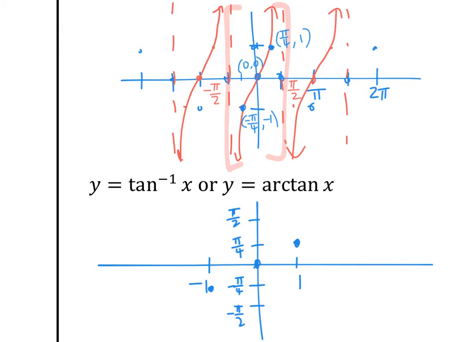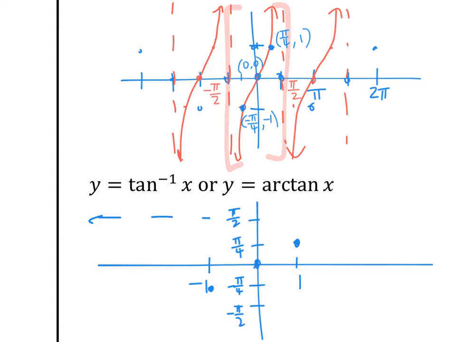Okay, along with that, the asymptotes are going to come with us as well. So in the original graph, where are the asymptotes? Yeah, negative pi over 2 and pi over 2. And they were vertical, right? So when you switch it to the inverse function, they're going to be horizontal.